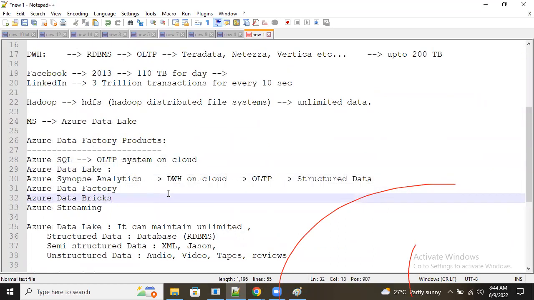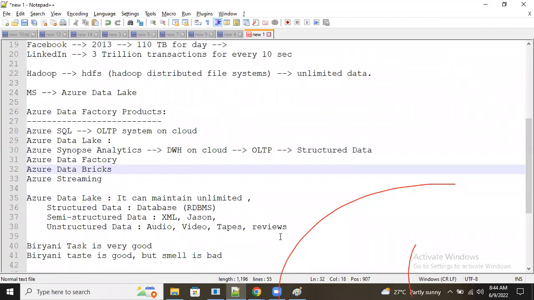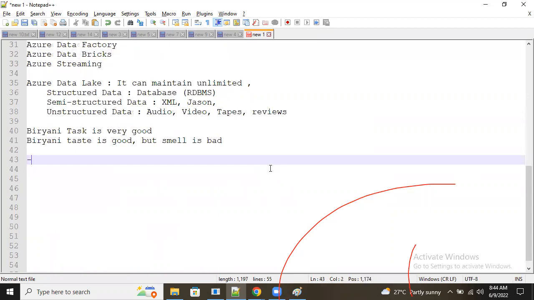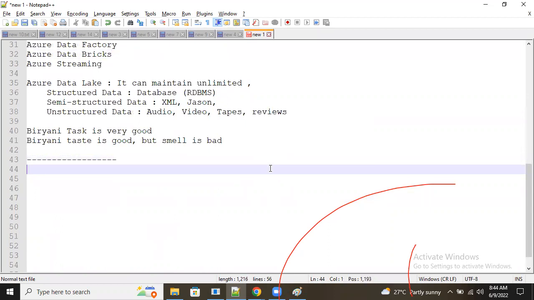So now you can ask me a question: what is the prerequisite for this one? Okay, sir, I want to go for this, but what should I have? Basic SQL is the prerequisite. Sir, I am from another background, I don't have any SQL background. That's the reason all MSBI, Power BI, and Azure BI students have SQL Server sessions over the weekend, free of cost.